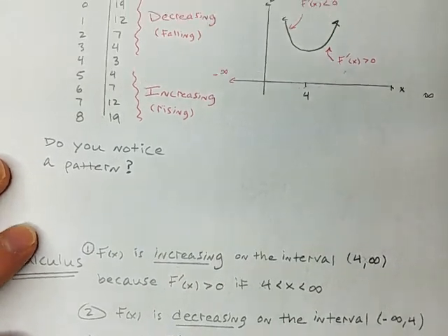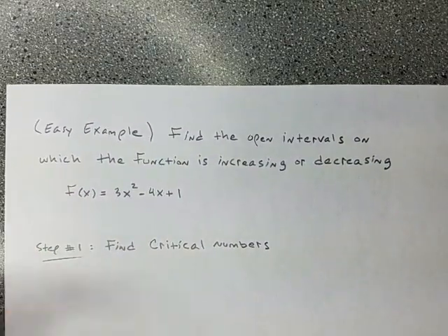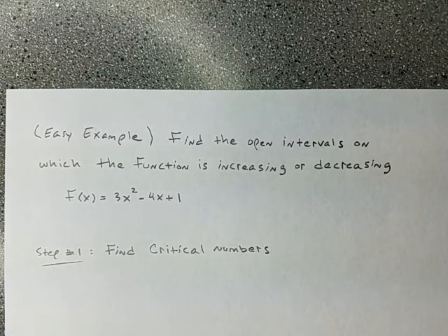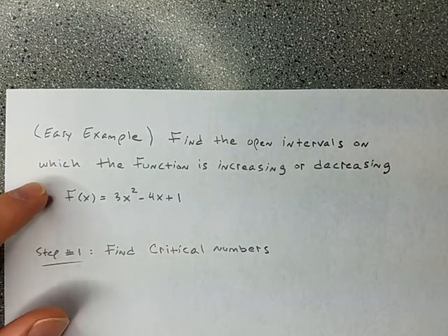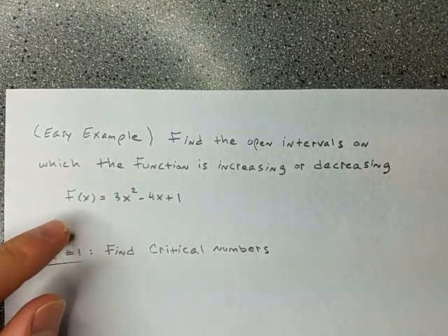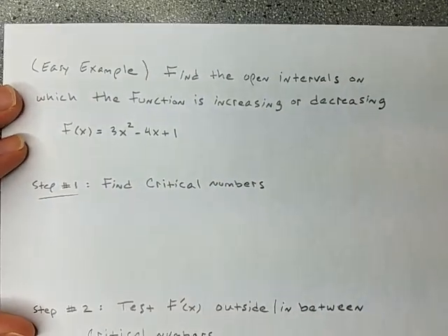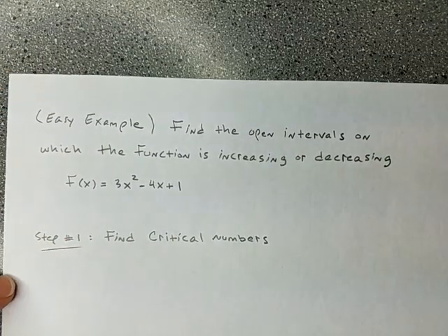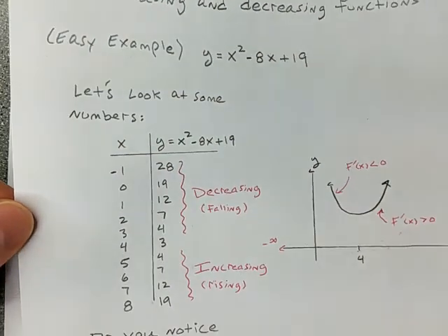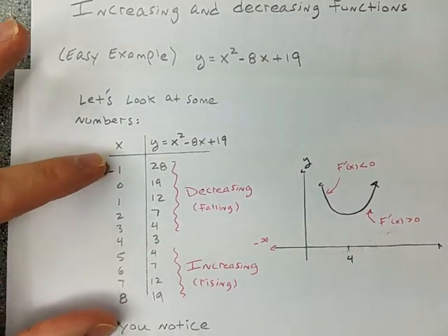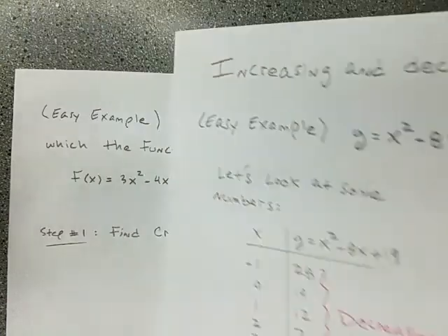So let's go through an example start to finish then. Here's the way that we might see questions as they're presented to us. It might say something like this: find the open intervals on which the function is increasing or decreasing, and there's the function. The way that we'll ultimately figure that out is not normally by making a table. I just started that way so you could get the idea.